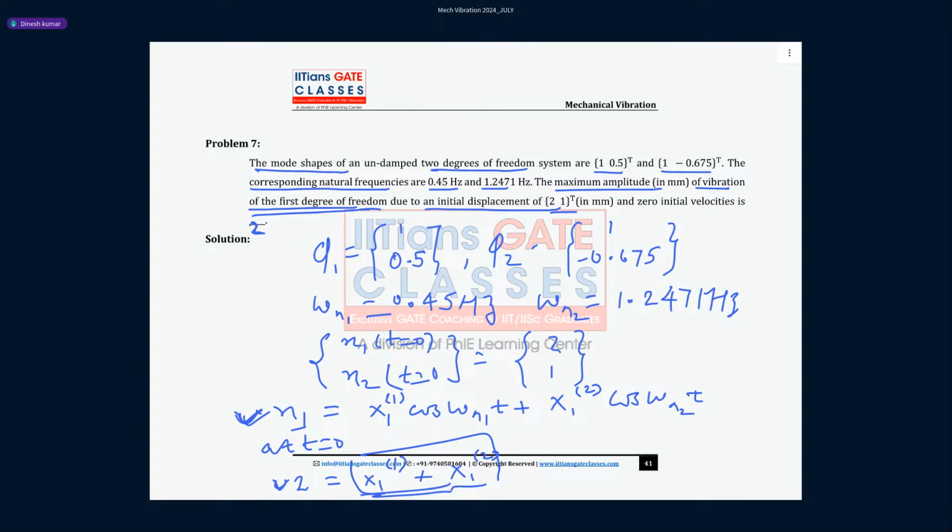Now guys, one more thing. Say there are 2 degrees of freedom, right? This x1 and x2. So what they represent? X1 represents first degree and x2 represents second degree.